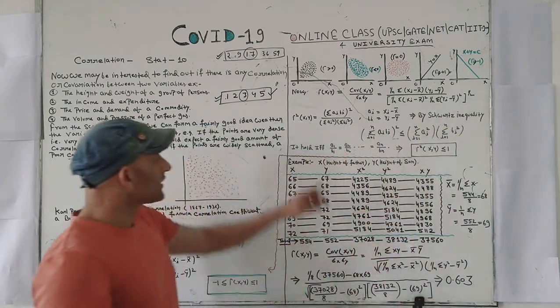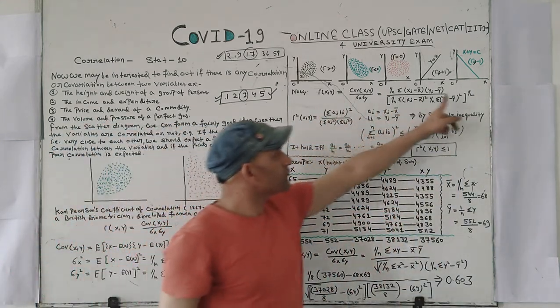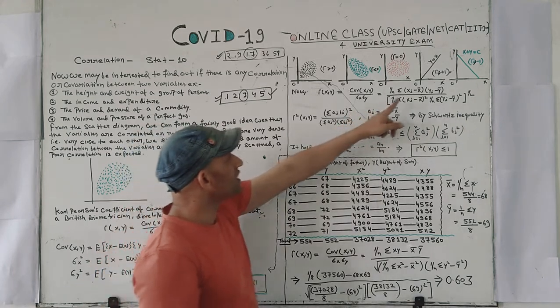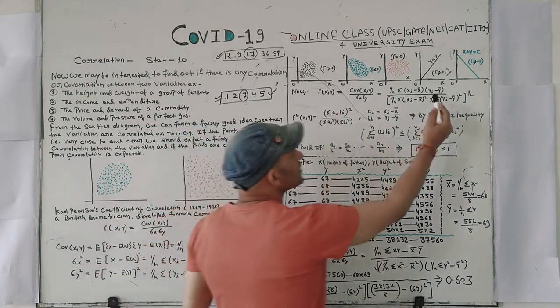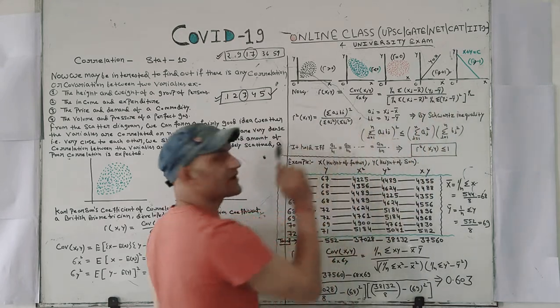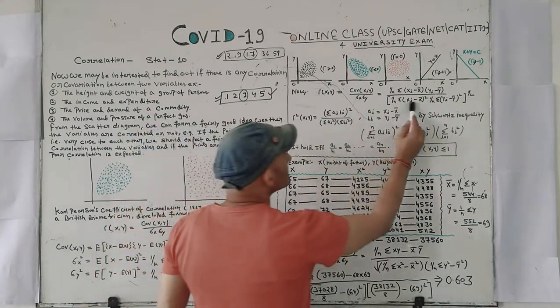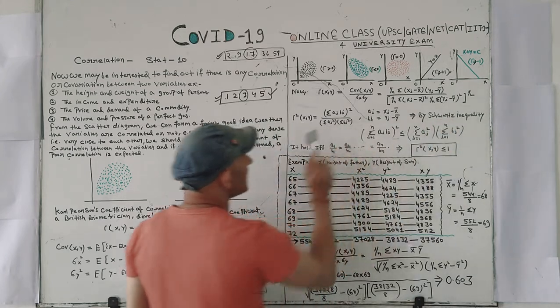Then this is very big, so after that we write ai in place of xi minus x bar, and bi in place of yi minus y bar.